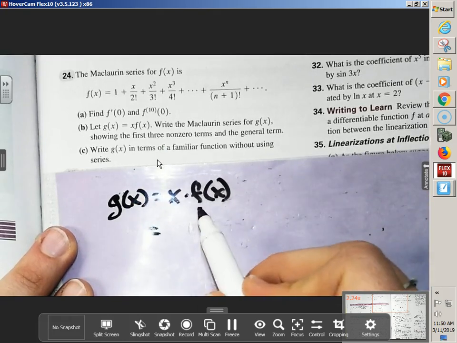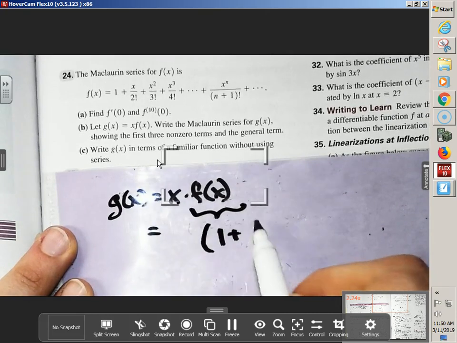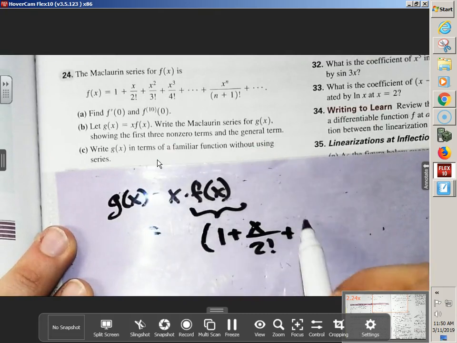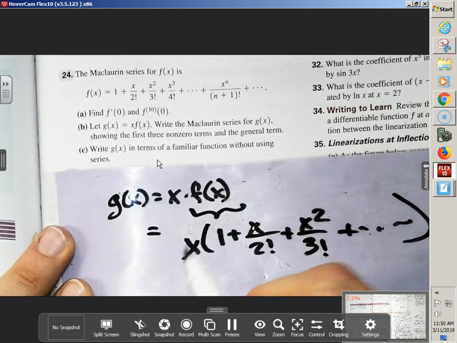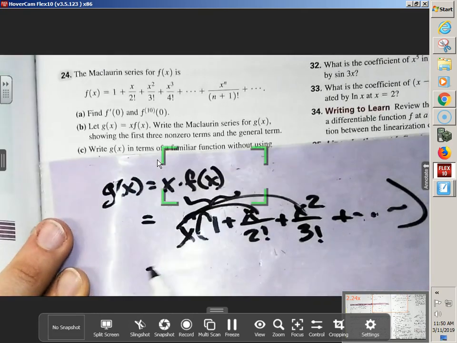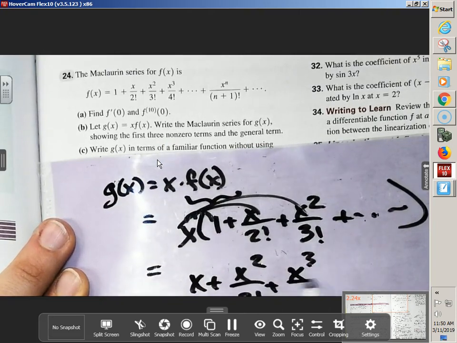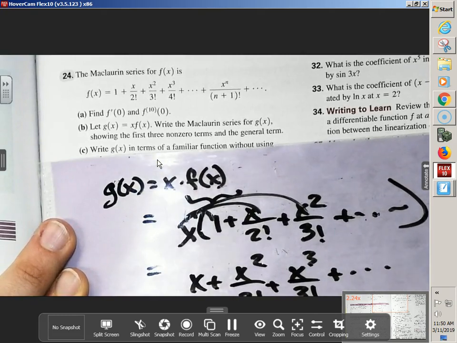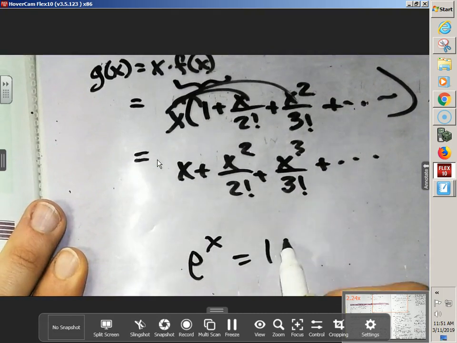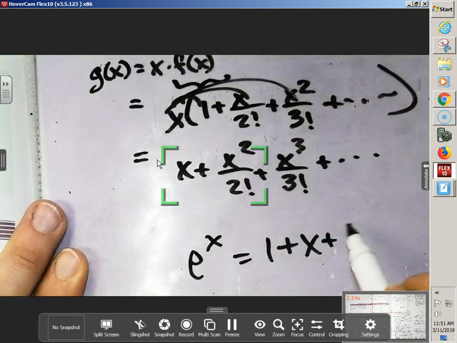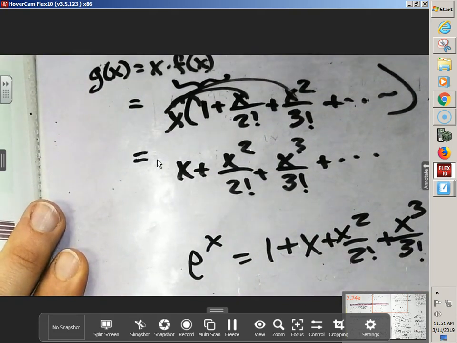Well, because the nice thing is if I substitute for f of x its Maclaurin series, it's just a polynomial. I can just distribute. You see it? So then I'm just going to do dot, dot, dot. If we are multiplying by x, it's just a simple distribution. So then we end up with x plus x squared over 2 factorial plus x cubed. Oh my goodness, it's e, but wait, what's missing? Isn't e to the x 1 plus x squared over 2 factorial plus x cubed over 3 factorial?